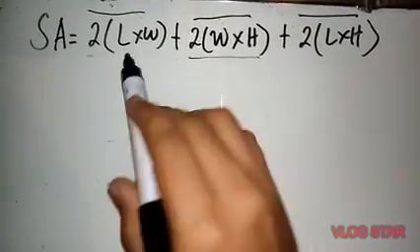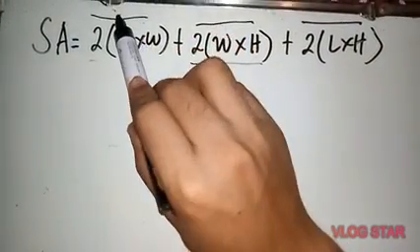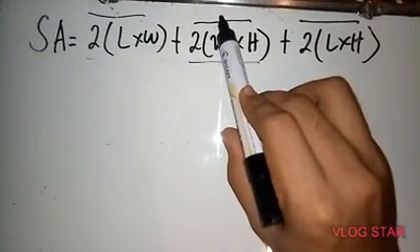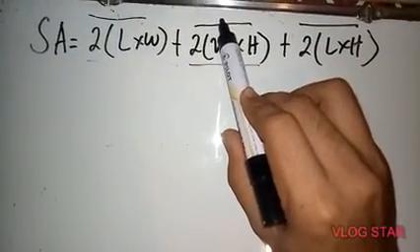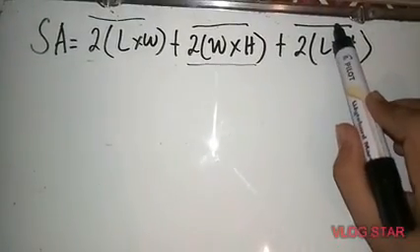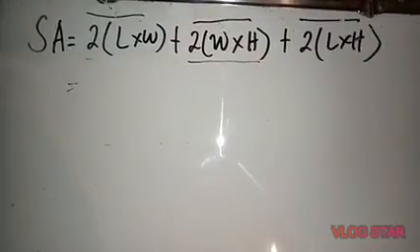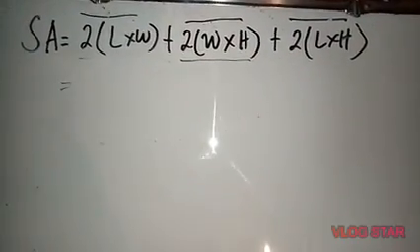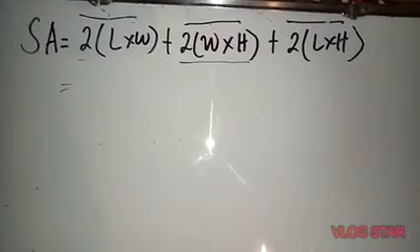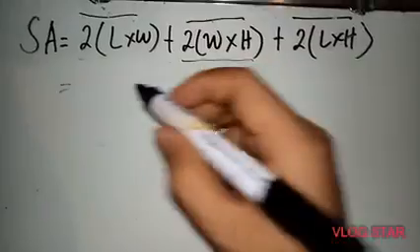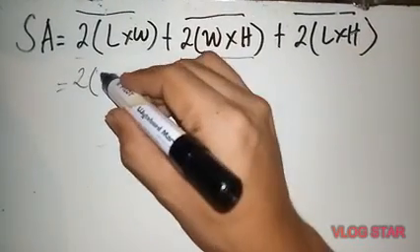So this is two faces for the top and bottom, this one is for left and right, and this one is front and back. Since the length of the given rectangular prism is 30, its width is 20, and its height is 10 centimeters, just substitute.